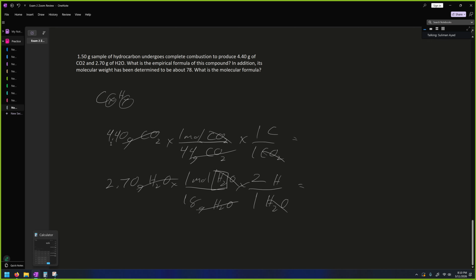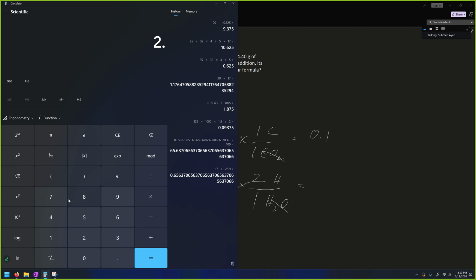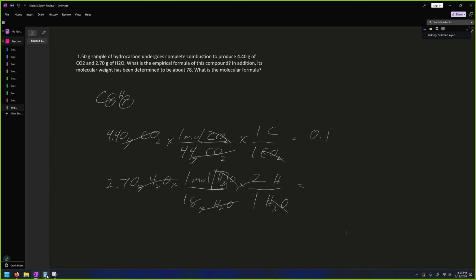So heading over to the calculator, or I guess I don't really need to for the first part here, 4.4 divided by 44 is going to give me 0.1. And then the 2.7 and 18, I feel like that's 2/3 or something like that, but it's late at night. 2.7 divided by, what was it? 18.